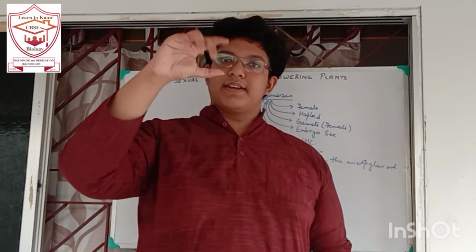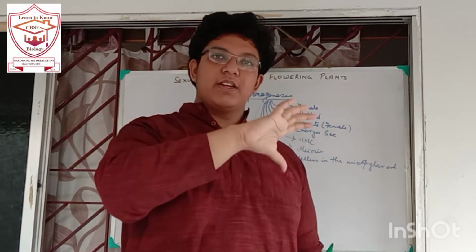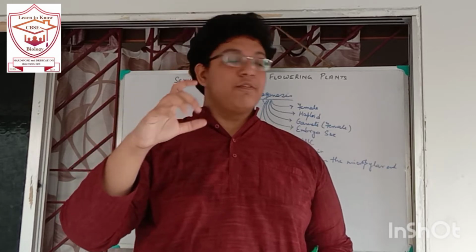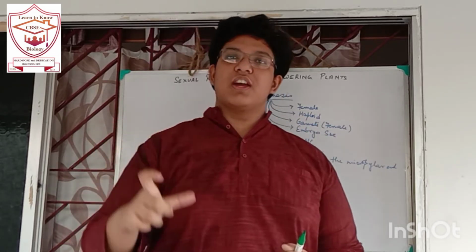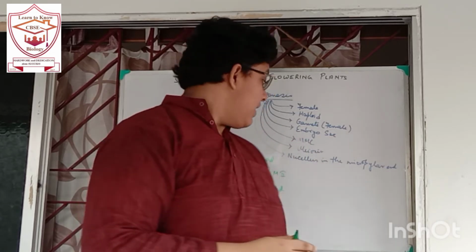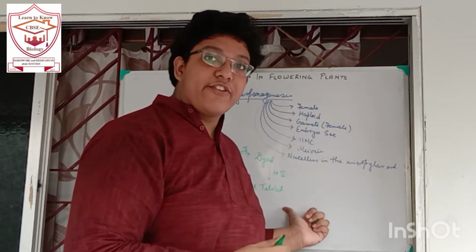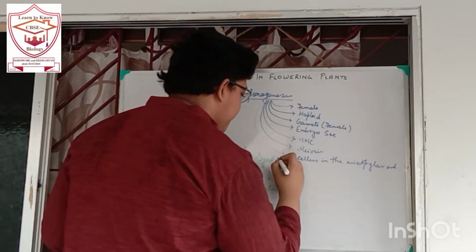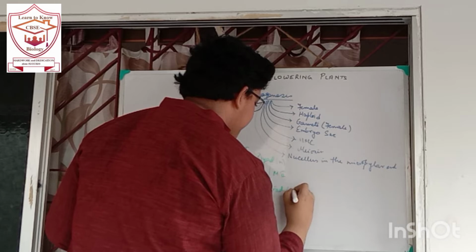This is a longitudinal division. First, reductional division from the 2n megaspore mother cell transversely will form the dyad, which are haploid. Then they undergo longitudinal division to form the megaspore tetrad, a group of 4 cells which are again haploid.